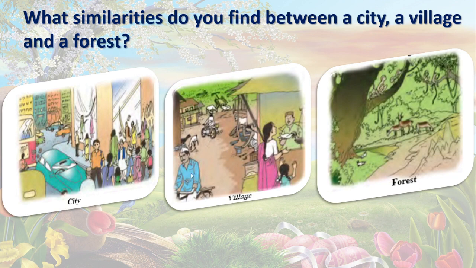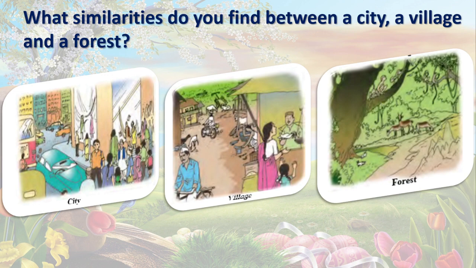Here they are moving to get some money or some basic needs. Right? Here also in the forest, animals are in search of food. Right? And here we can see the animal, that is a monkey, sitting and getting shelter on the tree.